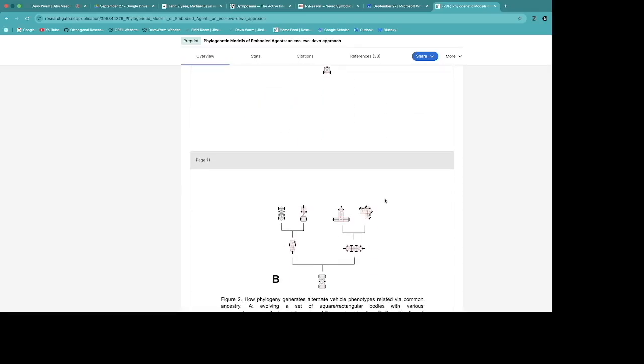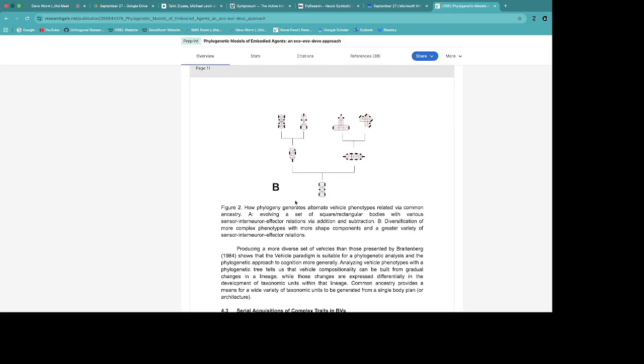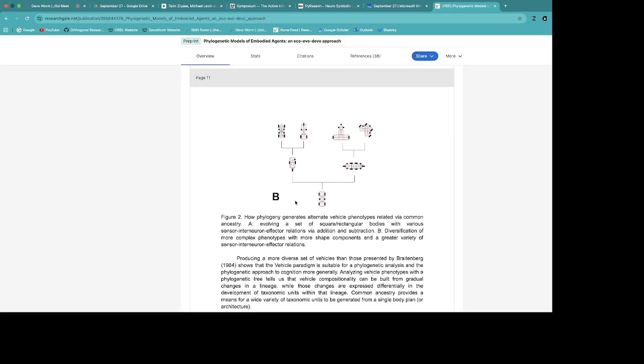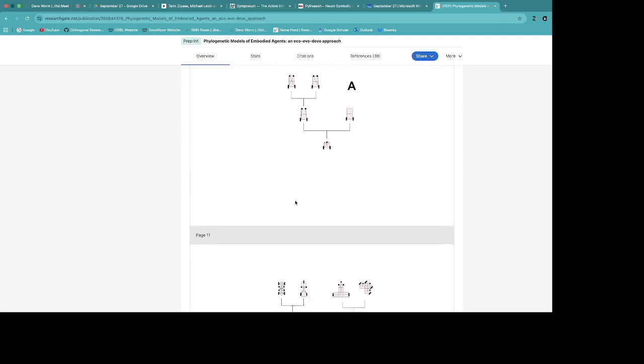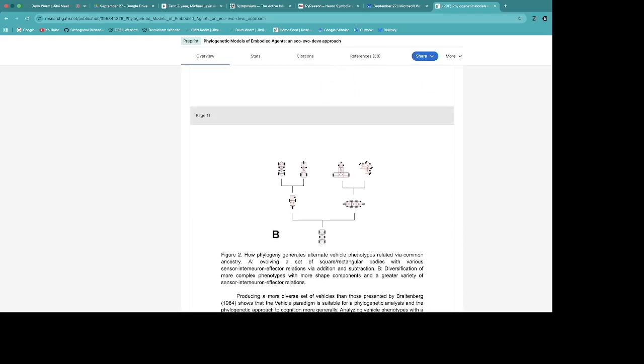Then figure 2 talks about the parts list approach. This isn't Braitenberg's vehicles, but vehicles built from a parts list that we define, and the parts list is reconfigured through evolution.